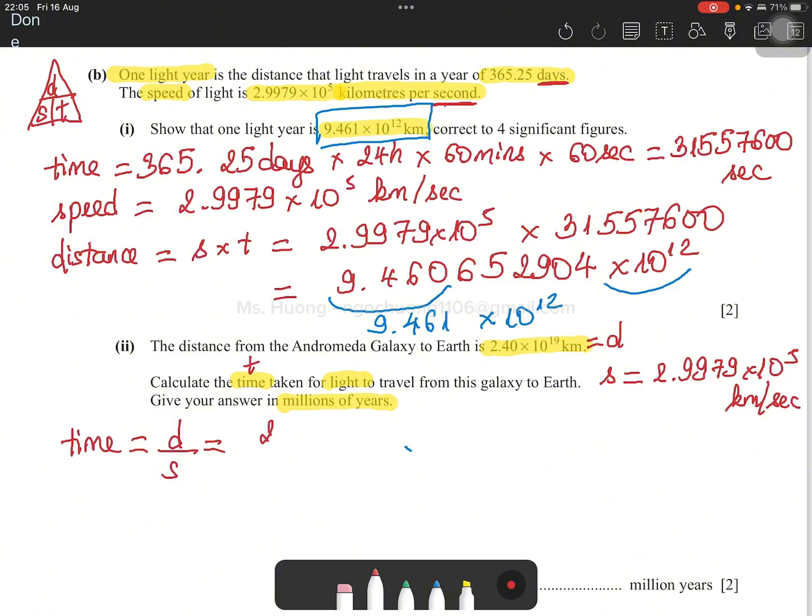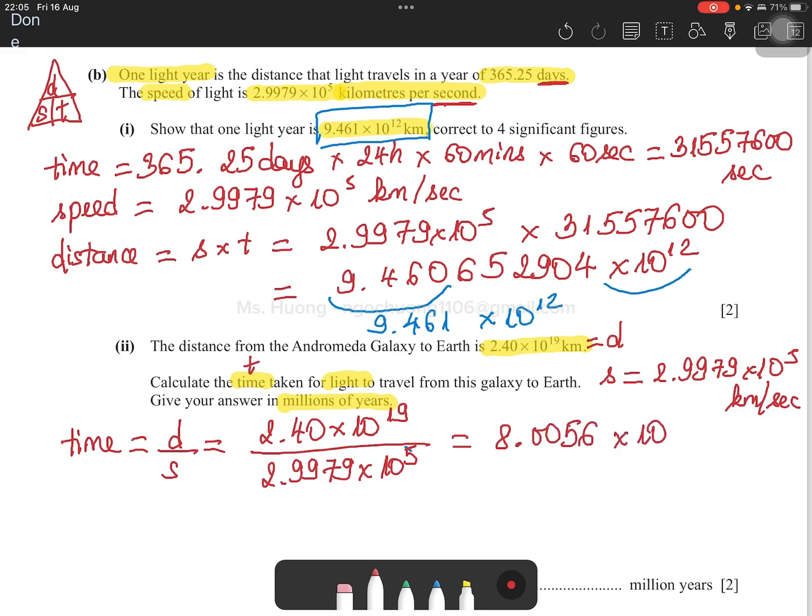The distance is 2.40 times 10 to the power of 19, and we divide it by the speed. The speed is 2.9979 times 10 to the power of 5. So this one is equal to 8.0056 times 10 to the power of 13 seconds.